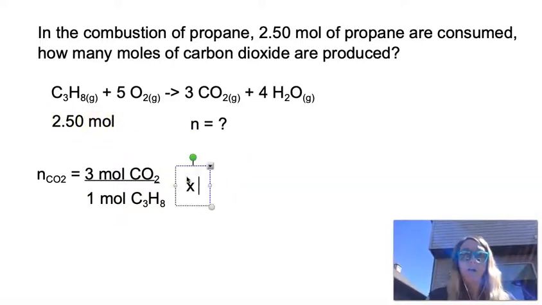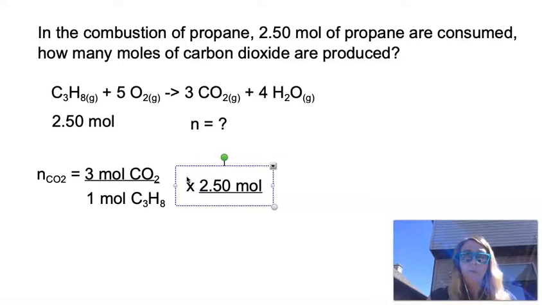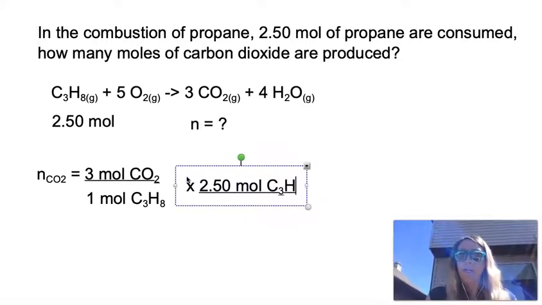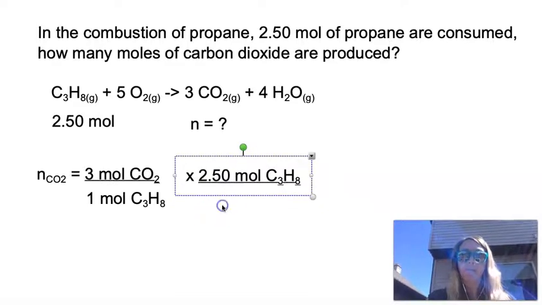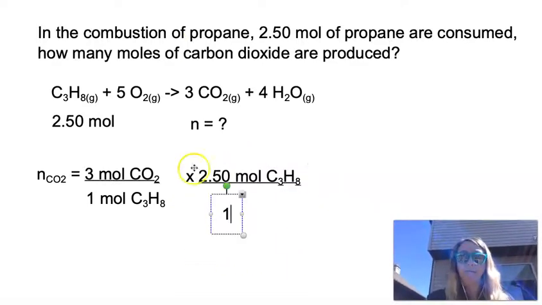So we're going to times by, and it's going to have to go on top, 2.50 moles of C3H8. And just like we did in the last unit, when something didn't have a bottom part to it, we just put it over 1. Okay.